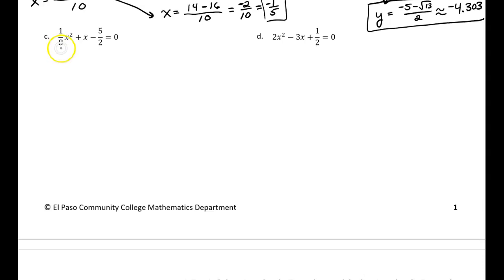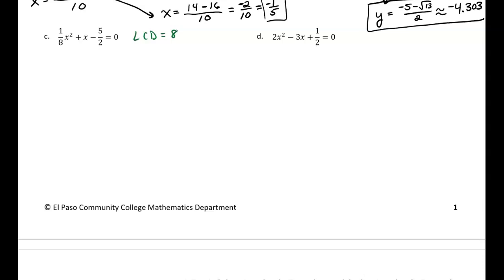So in this case, I want to look at the 8 and the 2. My 8 and my 2 are my denominators. The x has a denominator, but it's technically a 1, so it just kind of goes along with the denominators. But between the 8 and the 2, my LCD would be the 8, right?